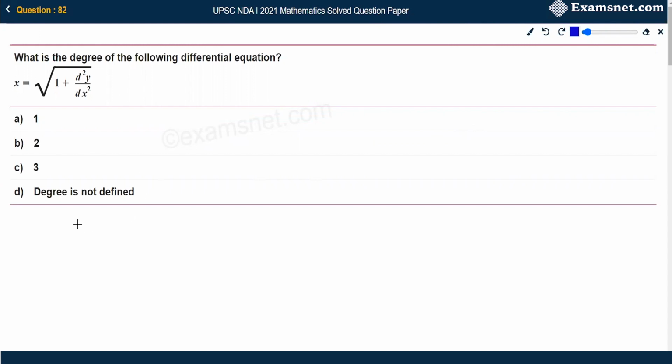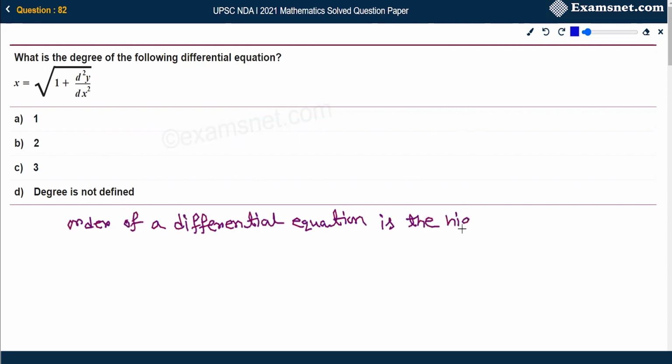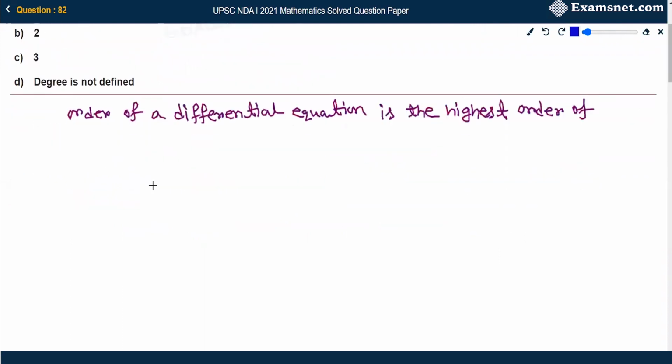So order of a differential equation is the highest order of derivative.